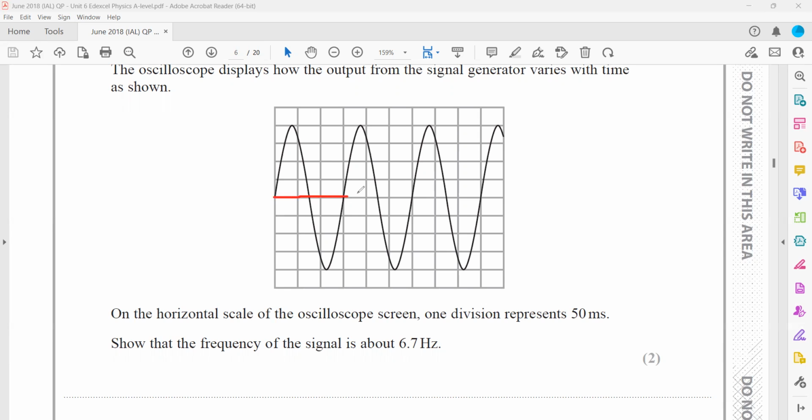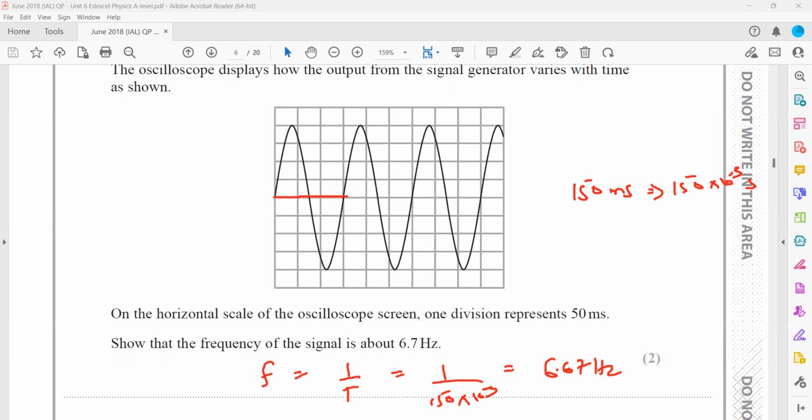There are 1, 2, and 3 boxes, so the total time period is 150 milliseconds, or 150 × 10^-3 seconds. But we need frequency. Frequency is the reciprocal of the time period, so we divide: 1 divided by 150 × 10^-3. That is about 6.67 hertz.